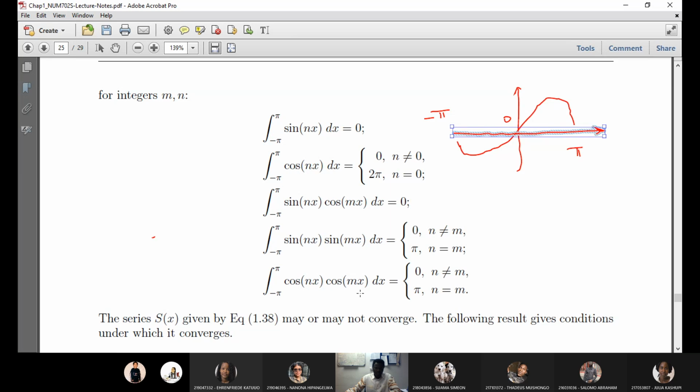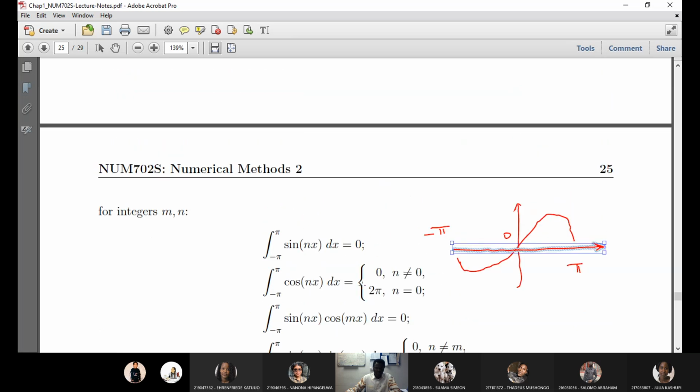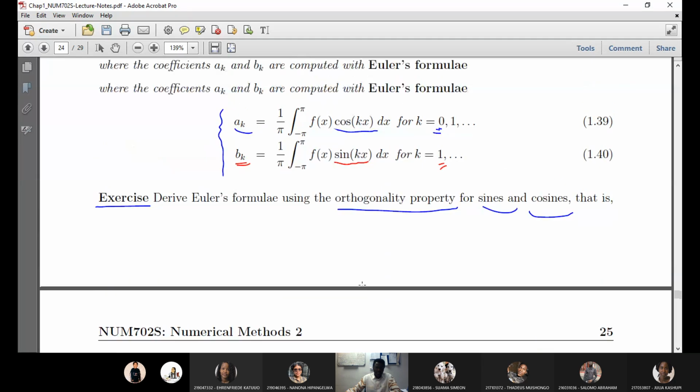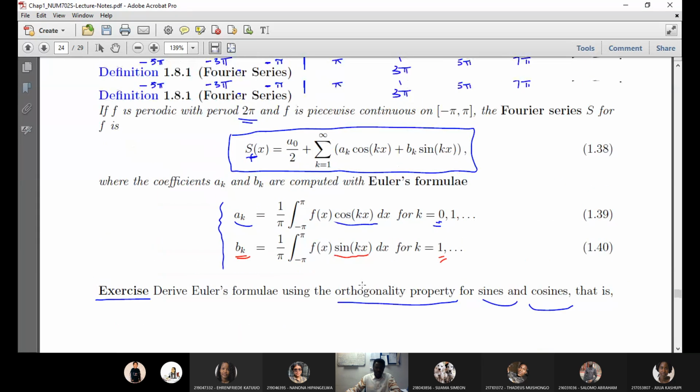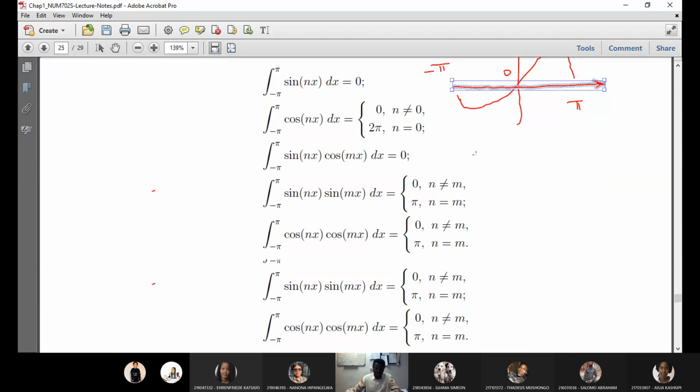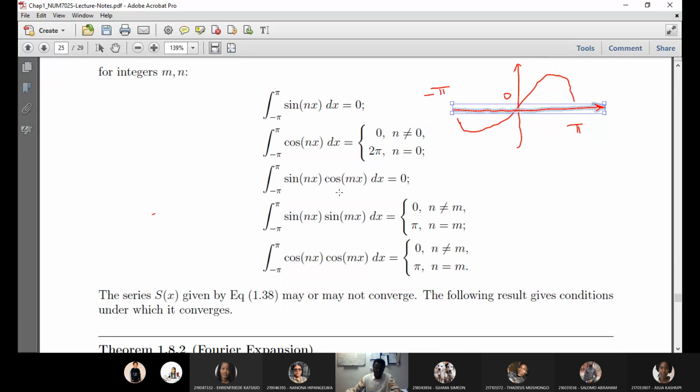So when you multiply F of X by cosine, you multiply throughout. You see that when you integrate the sine and the cosine, this integral will always give you 0. Sine and cosine will always give you 0. So this will give 0.